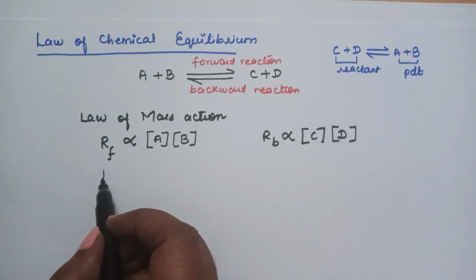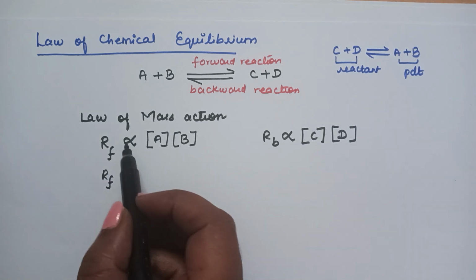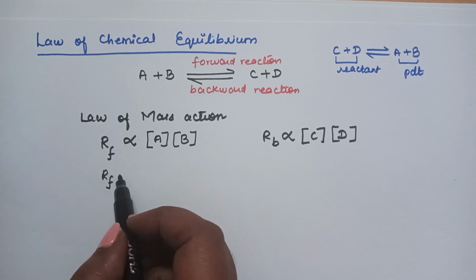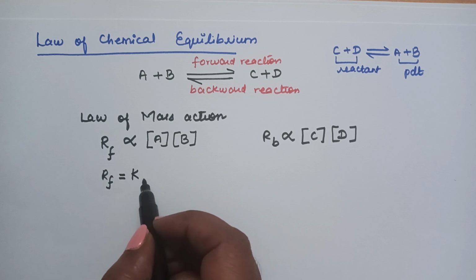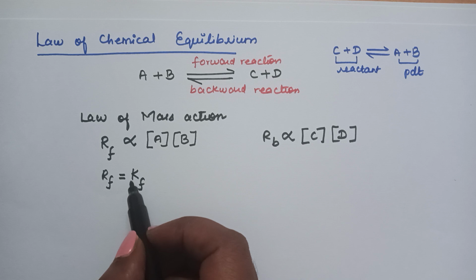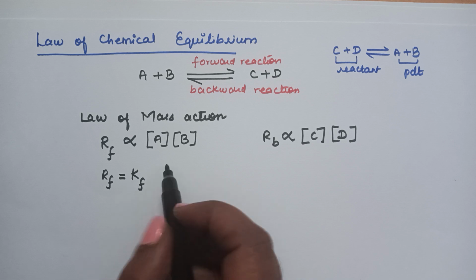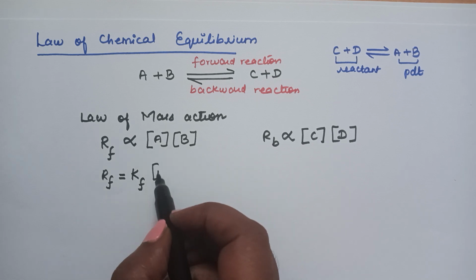Now, the rate of the forward reaction. The proportionality sign, if I remove it, I have to insert a constant. The constant will be Kf. What is Kf? Kf is nothing but the rate constant for the forward reaction, and then write A, B as it is.